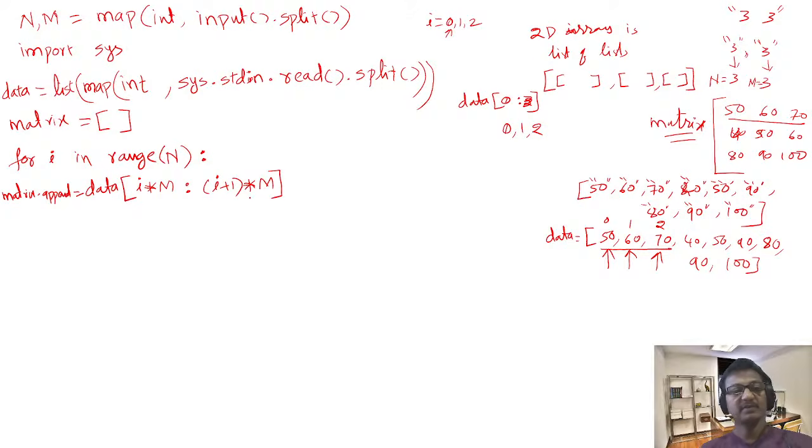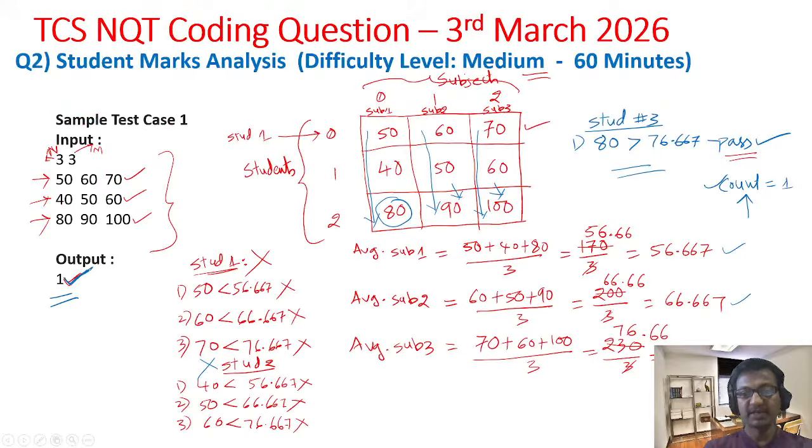Got it? It takes this slice, 50, 60, 70, and it will be added as a sublist in this matrix. So one sublist is added. That means row 0 as per our previous diagram. Now you got the marks for student 0 into the 2-dimensional array.